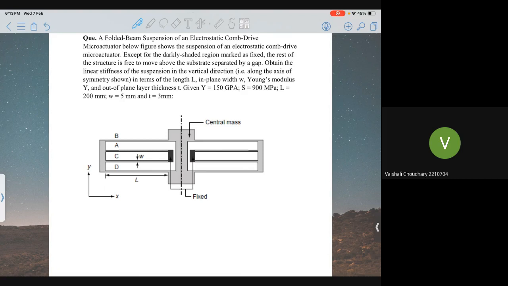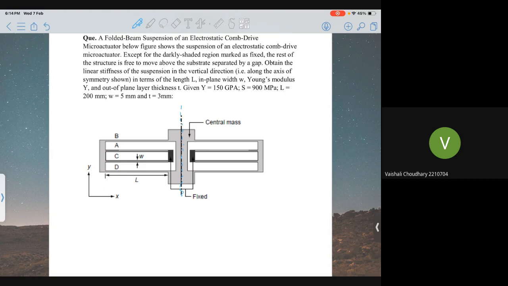So if you notice carefully, this is a symmetrical structure, meaning if you cut the system in this way, you will have two similar parts.